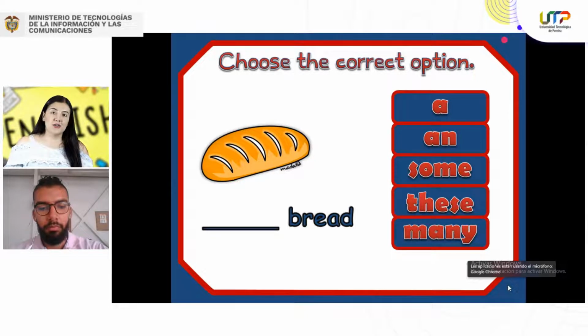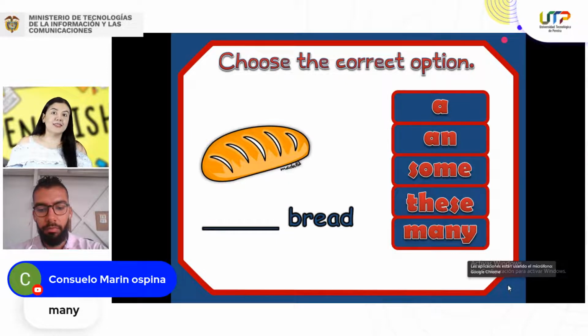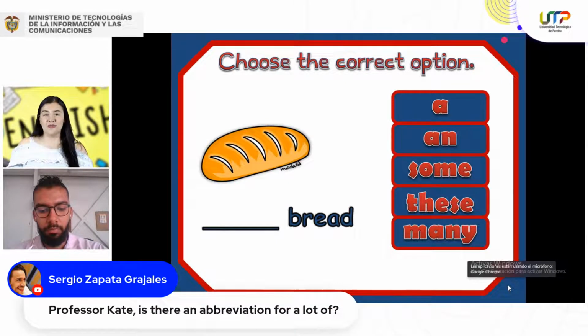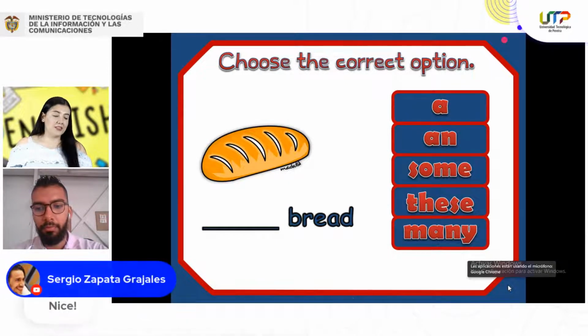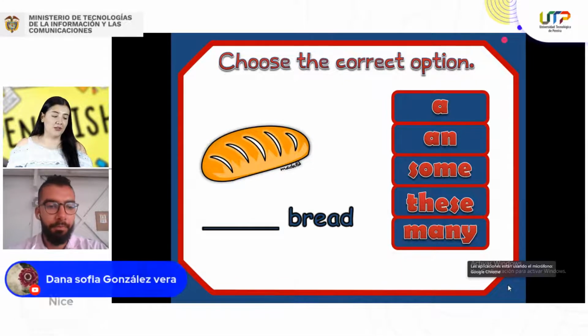Las opciones son a, an, some, this, or many. ¿Cómo podemos usar estos quantifiers con bread, pan? ¿Será que es countable or uncountable? What do you guys think? What is the correct answer?